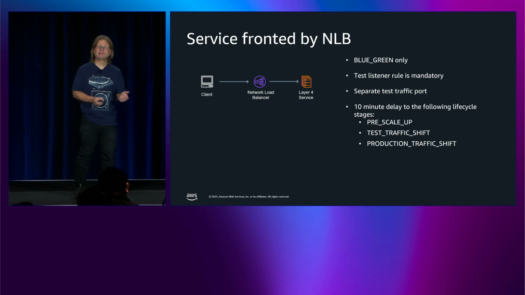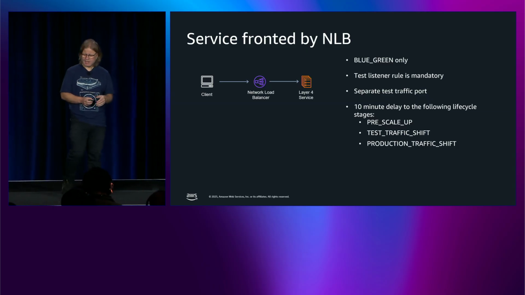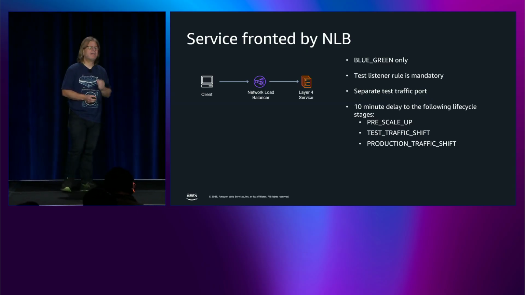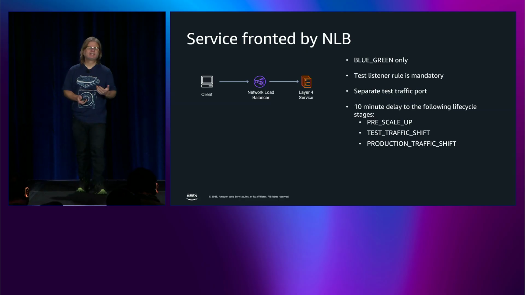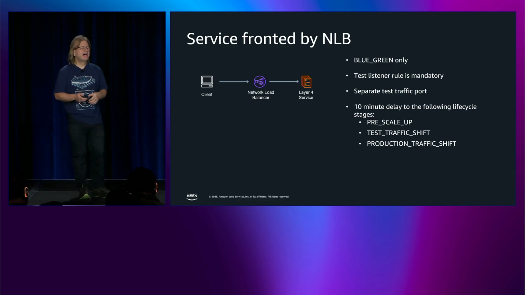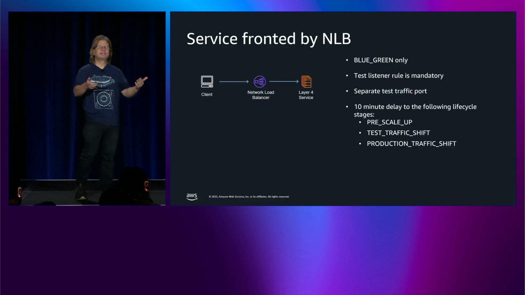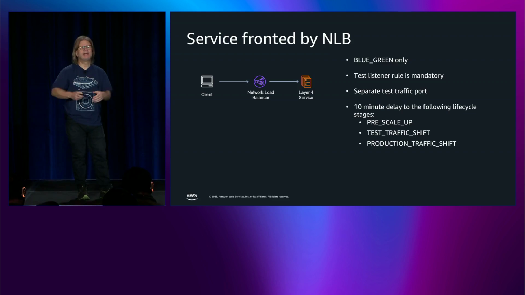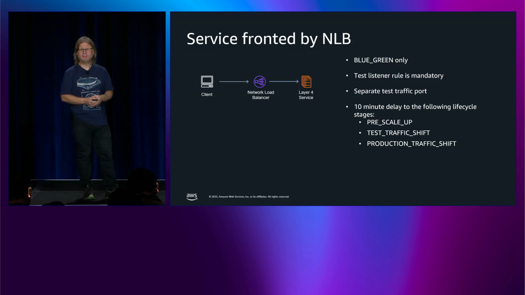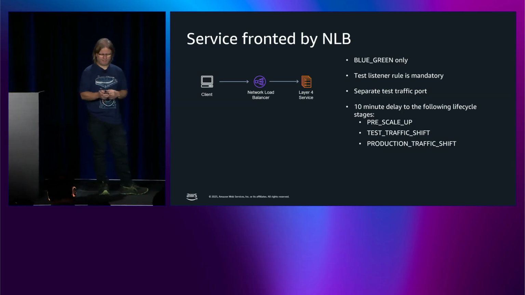You must have a test listener. The other thing to be aware of is that for some stages, there's an extra 10-minute delay added on, and this is to do with some of the internal timing issues within NLB to make sure the routing works correctly. But otherwise, it's quite similar to ALB.